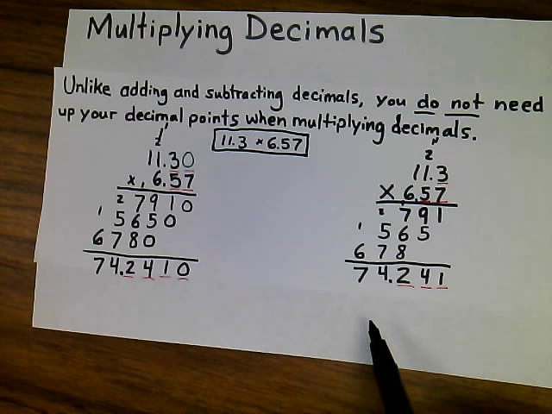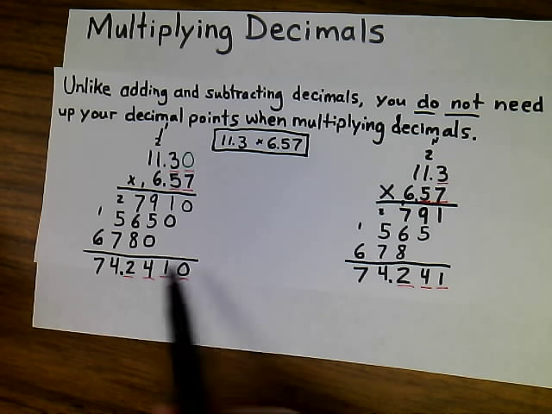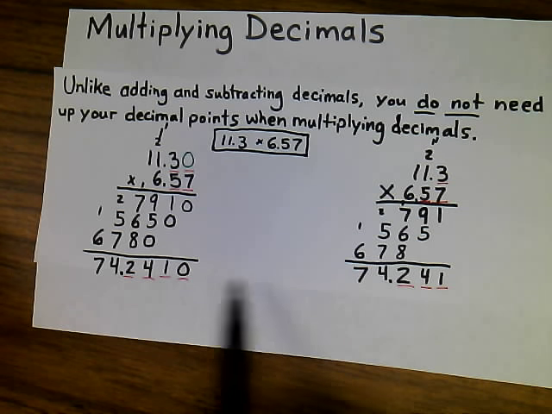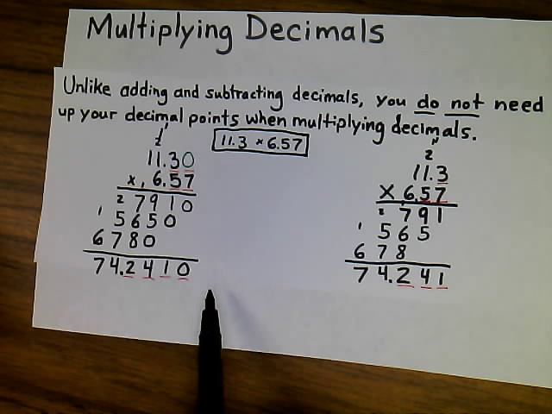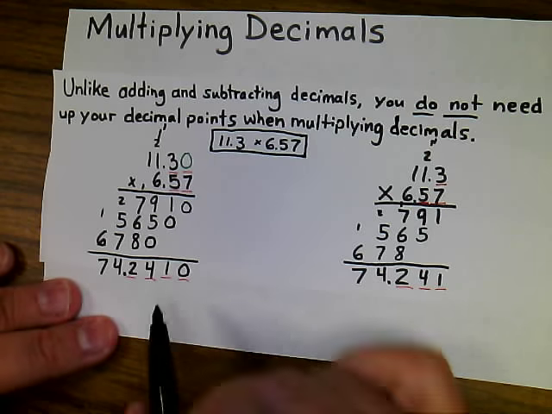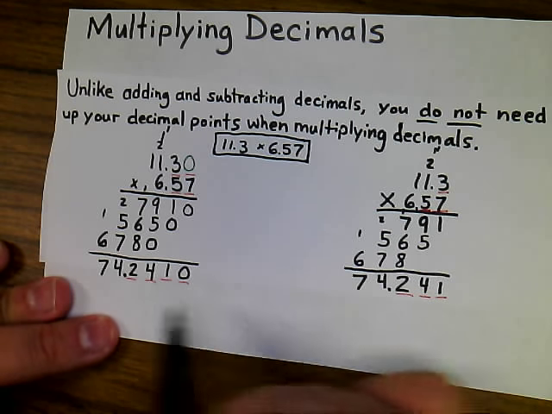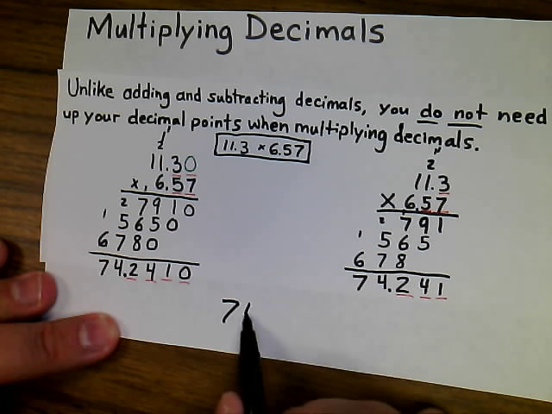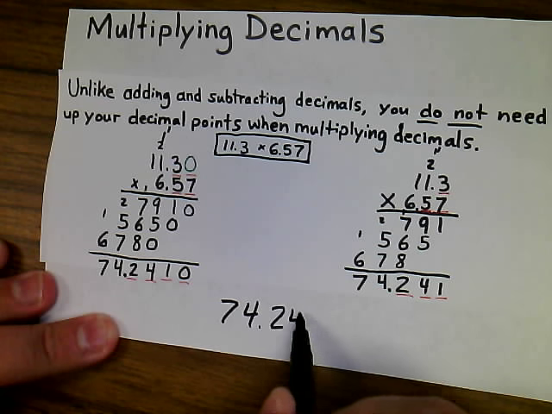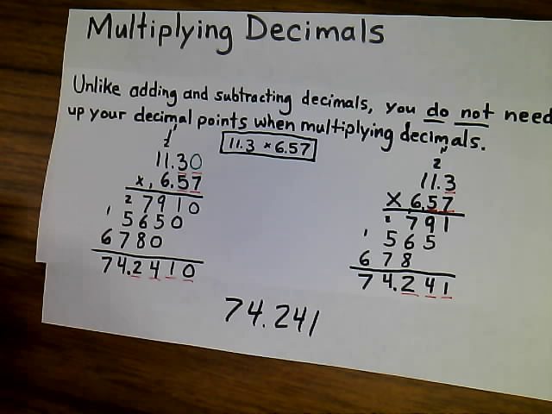Either way, our answer is 74 and 241 thousandths, or in this case, 74 and 2,410 ten thousandths. But remember, this 0 we would drop anyway because it doesn't add any value to the number. There's 0 value in the 10 thousandths place. So either way, our answer would be 74 and 241 thousandths.